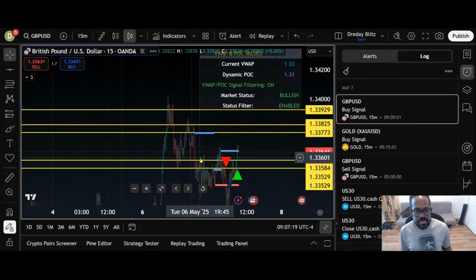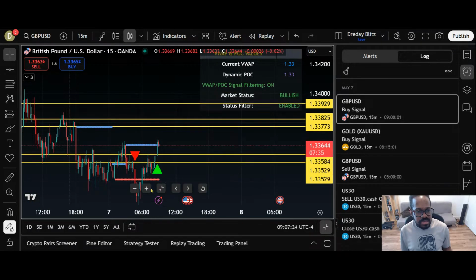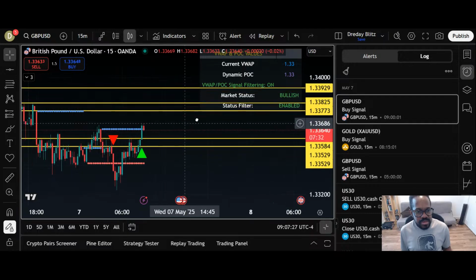If it breaks the 3 levels, that means I'll be well in profit. If it only bounces off the first level and starts to reverse, that means it was a short movement, and we're going to close that trade and wait for the following opposite signal. So for GU right now, that will be the stop loss level here.